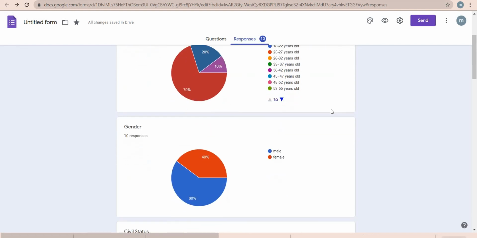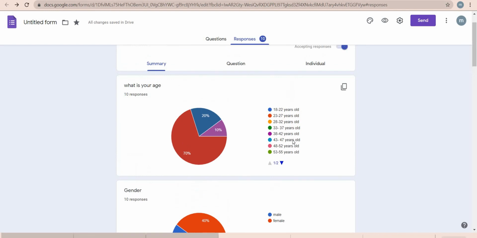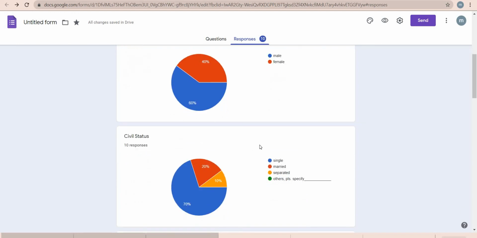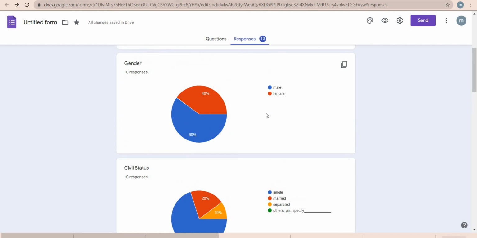Okay? Now, since hindi pa masyadong okay ito na part, and babaguhin naman nila, let's take the gender as our example and the civil status as well para makabuo tayo ng tables na magagamit natin sa ating chapter 4 for the MLA format and chapter 3 for the APA format. Okay?